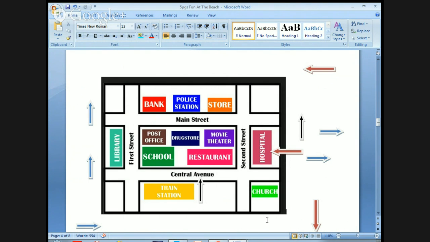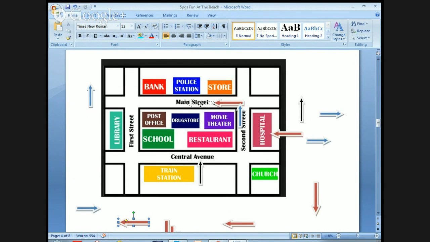When I left the hospital on Second Street, I will turn right to the intersection at Second Street and Main Street, and I will turn left onto Main Street and walk along Main Street, pass through the store and the police station, then I will reach the bank.